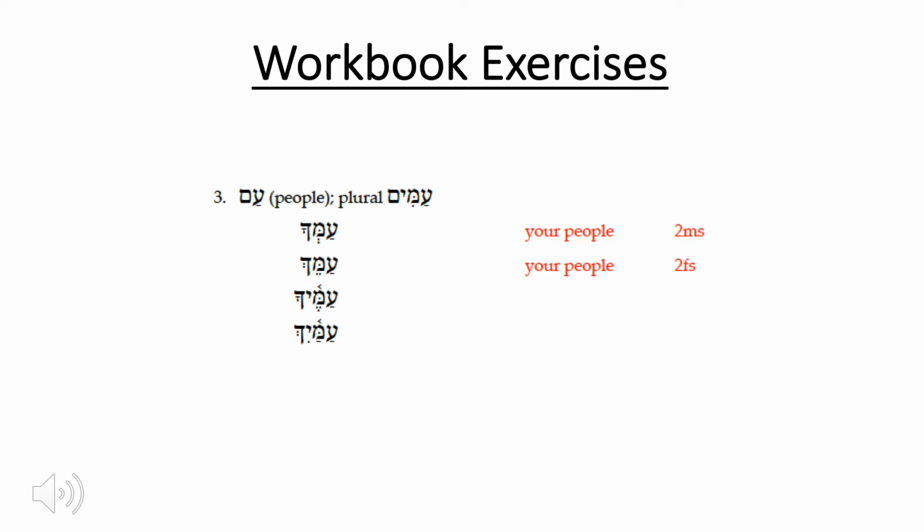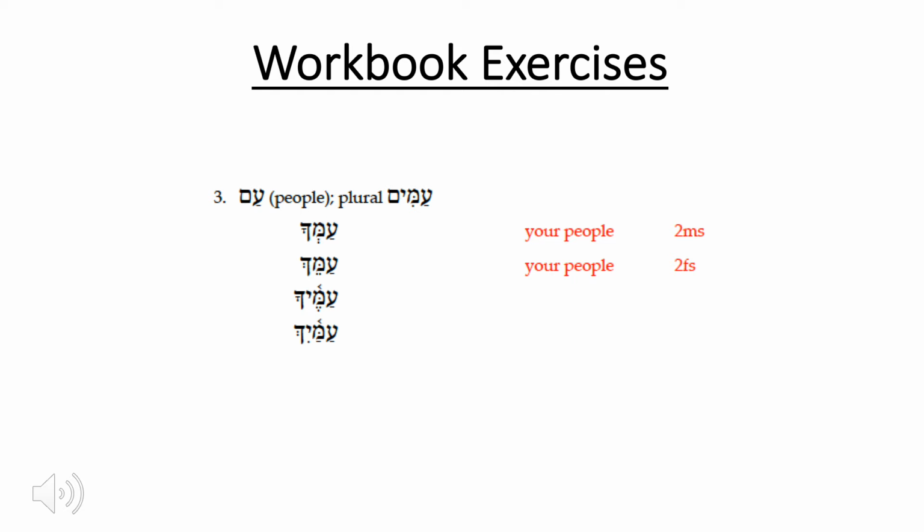The fact that we have a kaf with a kametz tells us that this is 2ms. The kaf with the shva is 2fs. Because the kaf with the shva in the second example is the end of the word but doesn't have a vowel in the kaf, as the first example does, we lose the shva under the mem and instead put the tsere. So this is amek, whereas the first one is amka.